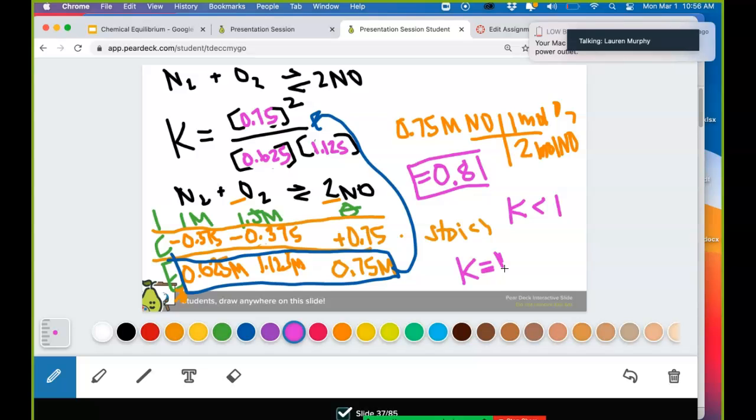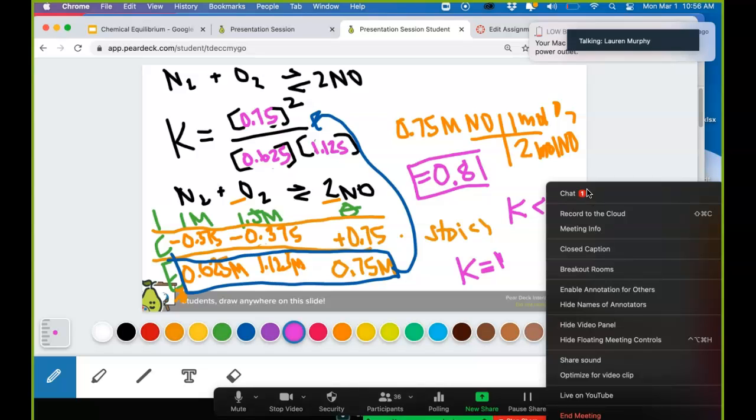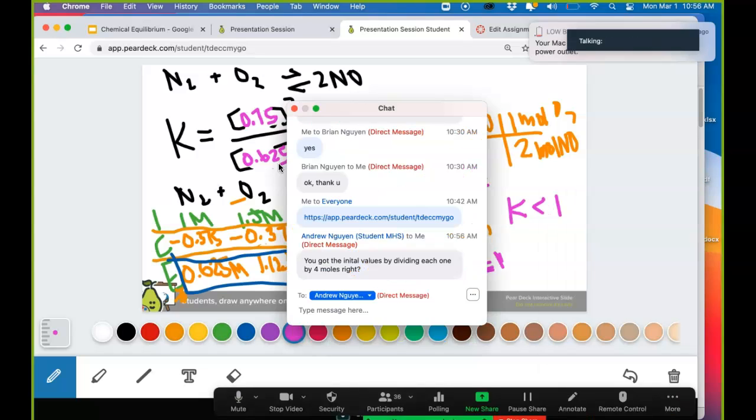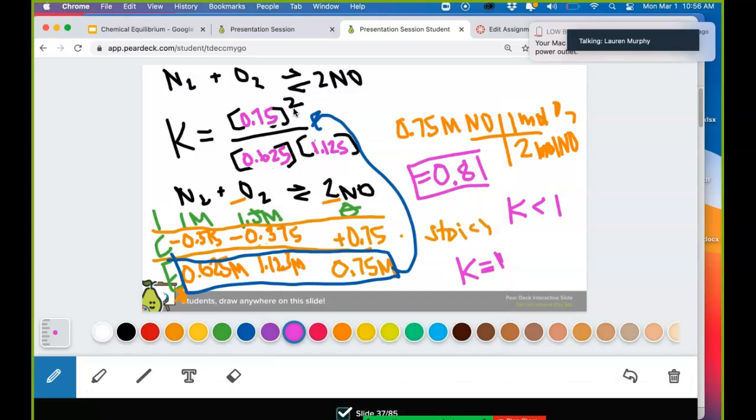So a small K would represent higher concentrations of reactants at equilibrium than of products. All right. Yeah, I got the initial values so we could plug in molarity, right? These brackets mean molarity, by taking moles and dividing by liters, because moles divided by liters is molarity.